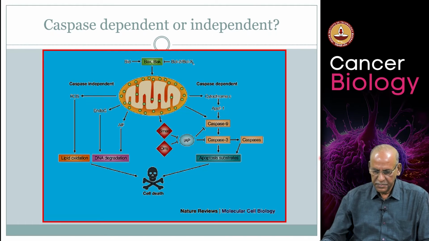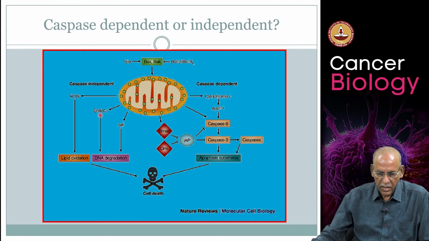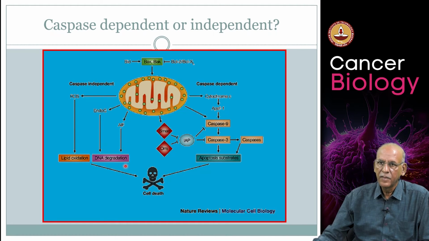One of the proteins that come out of mitochondria is called endonuclease G, you can look at it. This can do DNA degradation without the involvement of caspases. That is why people think that it can be caspase independent.